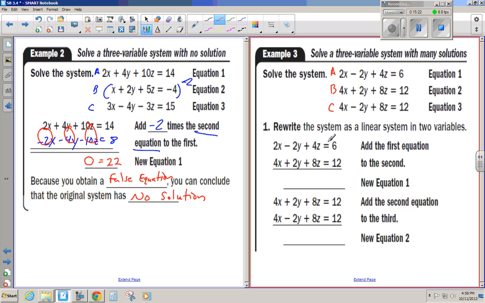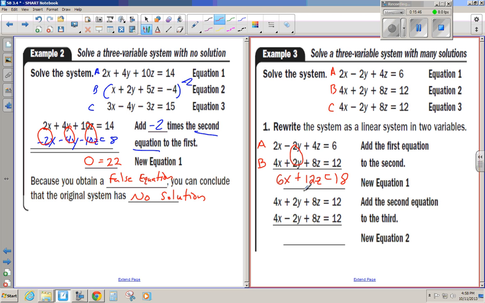So the first equation, equation A, adding it with the second equation, equation B, 2x and 4x become 6x. The negative 2 and the positive 2 become 0. And the 4 plus the 8 becomes 12z. So that's equal to 18.